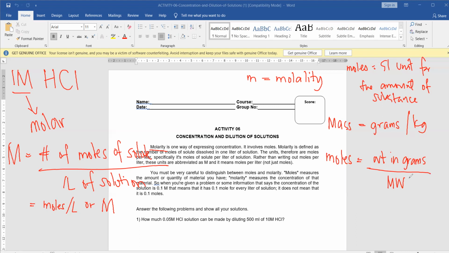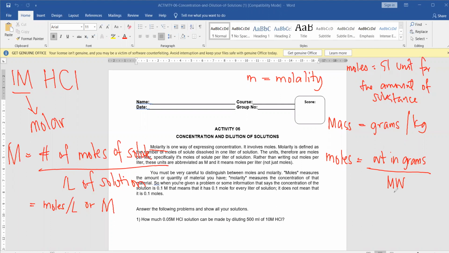So i-divide natin siya sa molecular weight para makuha natin ang number of moles of our solute. And then we can proceed sa computation sa molarity natin. So kailangan natin muna yung mass or yung weight in grams.